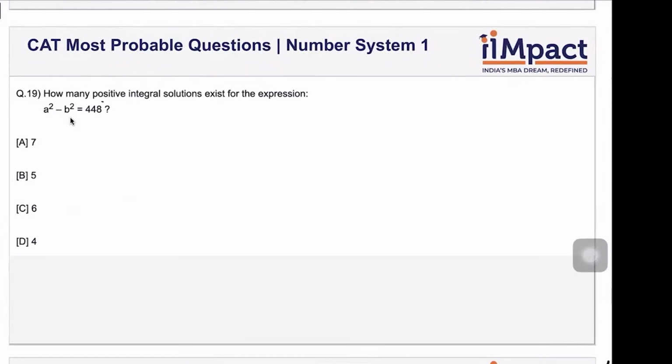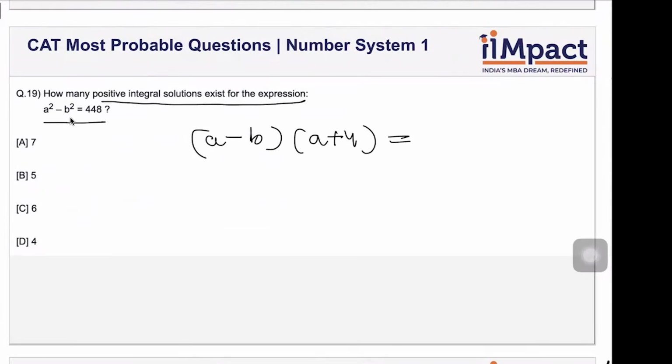Moving on, how many positive integral solutions exist for a square minus b square is equal to 448? This gives me a minus b into a plus b is equal to 448, which is an even number, which means a minus b and a plus b both will be even, correct?